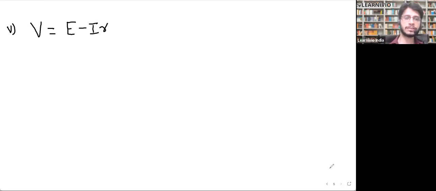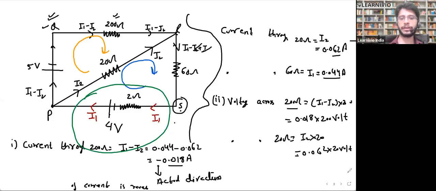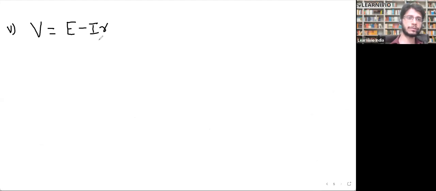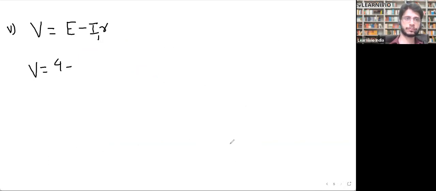So if you're taking this cell, E, then the current passing through this cell is I1. So we'll take E minus I1R. Just substitute its values. E is 4 volt, I1 is 0.044, multiplied by internal resistance, which is 2 ohm.